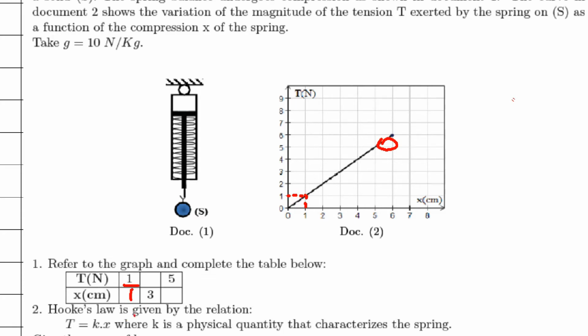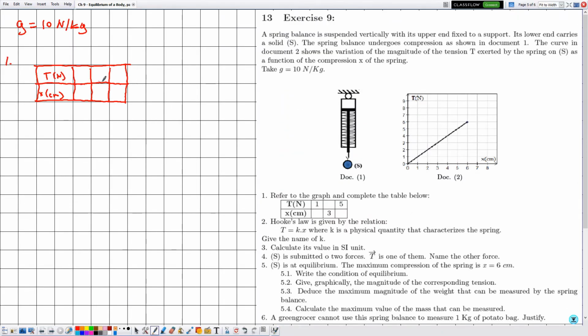If X is equal to 3 centimeters, it corresponds to this point on the curve, having the value of T equal to 3 newtons. And if T is 5 newtons, it corresponds to this point on the curve, having the value of 5 centimeters. Then the missing values are 1, 3, and 5. And we have done this graphically.